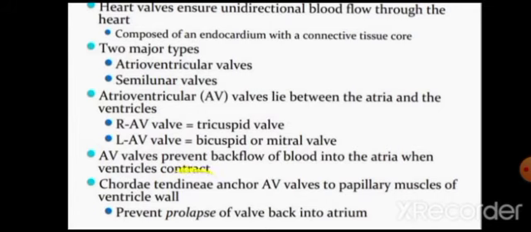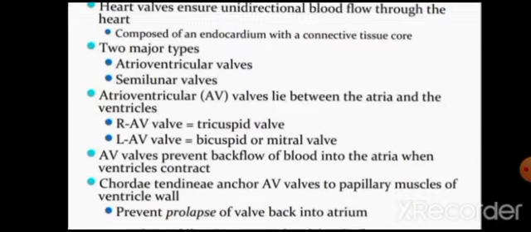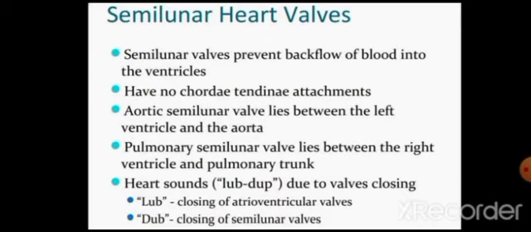Chordae tendineae are the cords which anchor the atrioventricular valve to the papillary muscles of the ventricular wall, preventing prolapse of the valve back into the atrium. Chordae tendineae is an important term. Semilunar valves prevent backward flow of blood into the ventricles when there is a ventricular contraction.